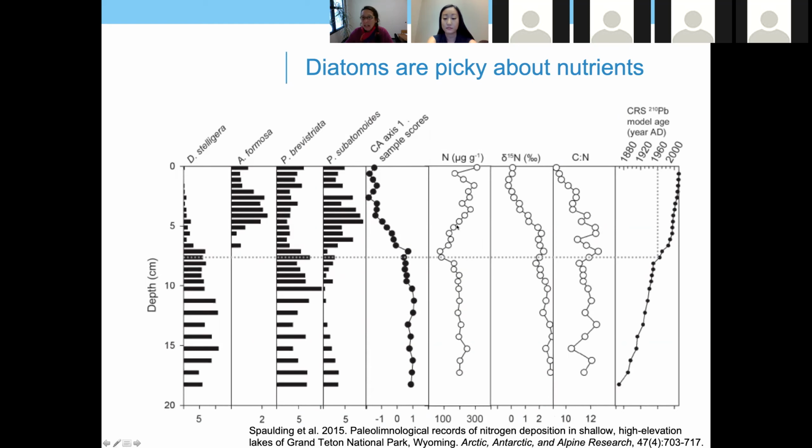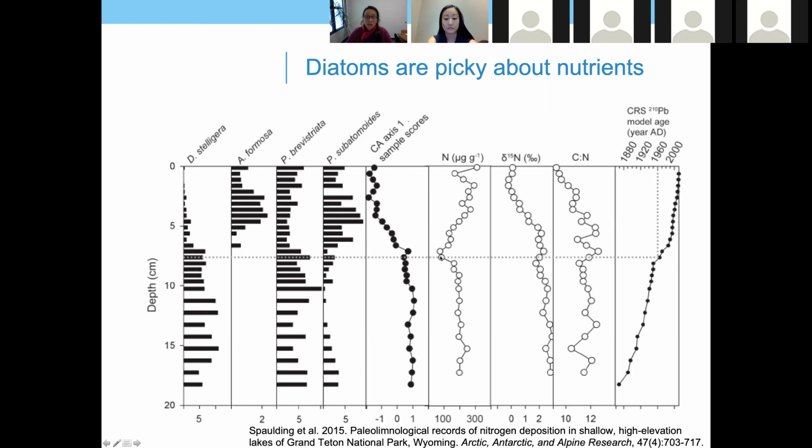And the age of the sediments, this dotted line, represents 1960. What this plot shows, if we start over here at 1960, is that things started to happen in this lake in 1960. The carbon to nitrogen ratio started to decrease. The stable isotope N15 became more depleted in the sediments.